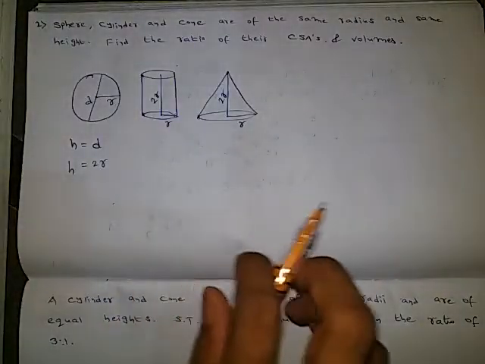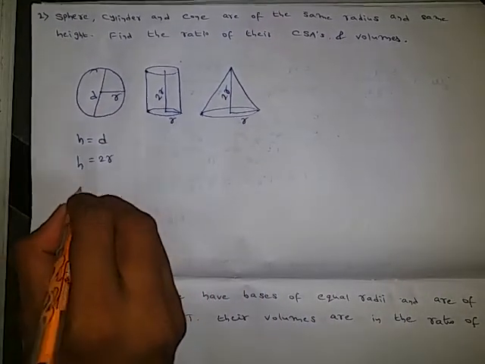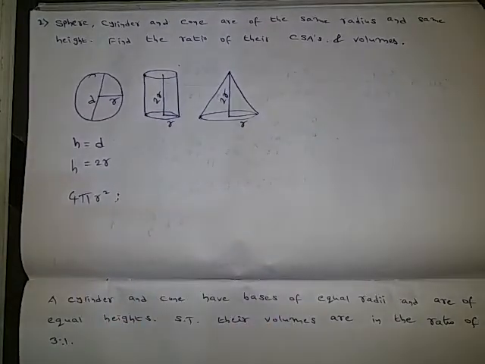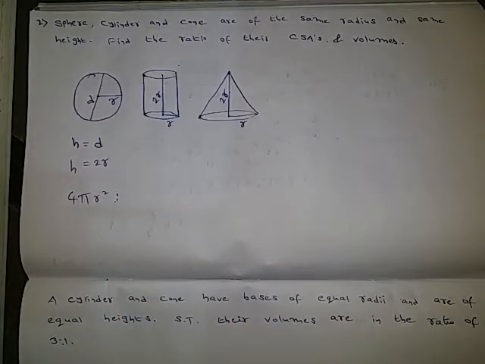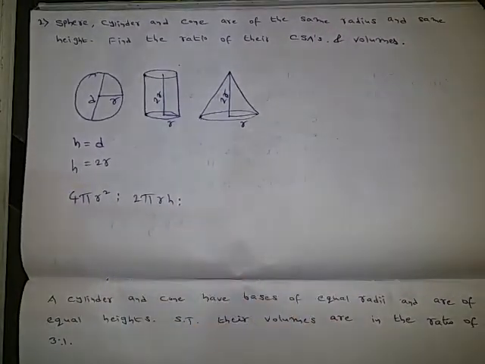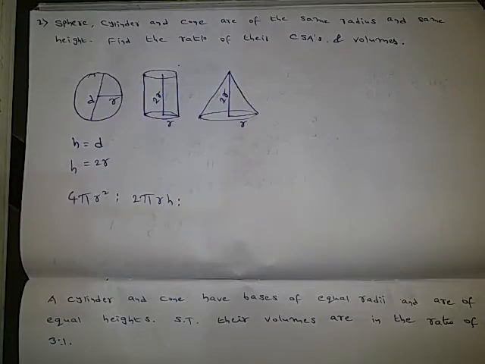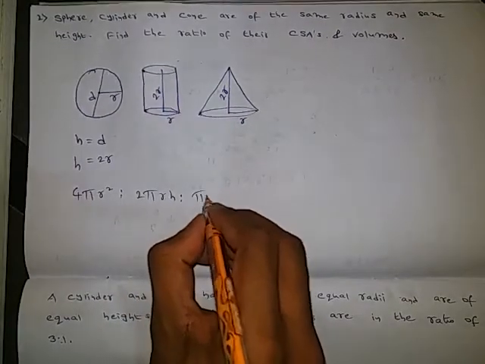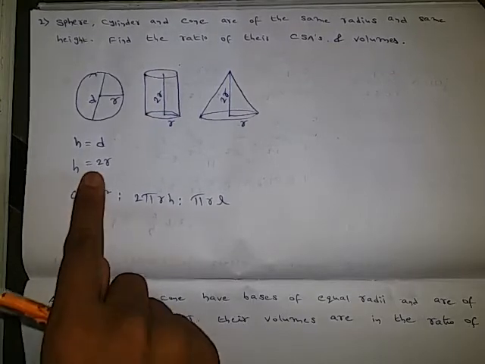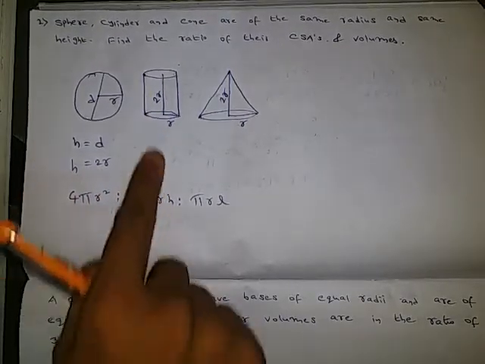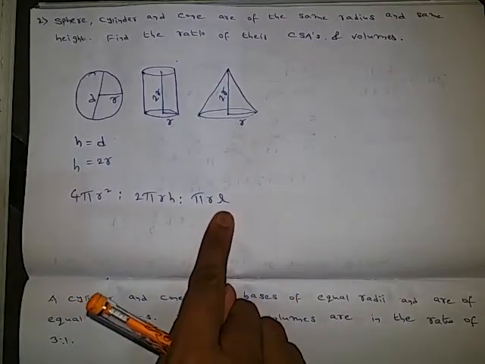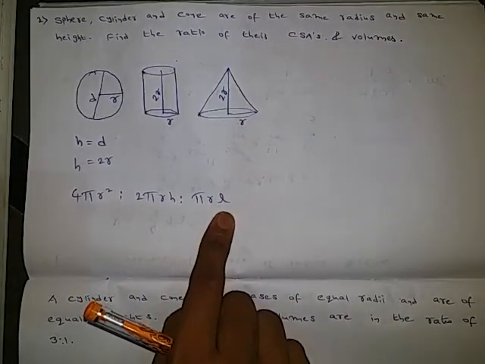So curved surface area of a sphere 4 pi r square is to curved surface area of a cylinder 2 pi r h is to curved surface area of a cone pi r l. Pi we know, r radius of the sphere we know, radius of the cylinder we know, height of the cylinder we know, radius of the cone we know, but what about the slant height of the cone?